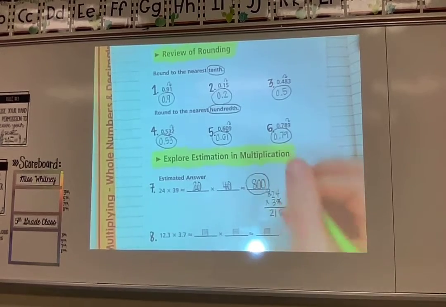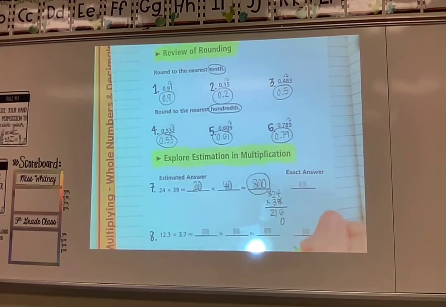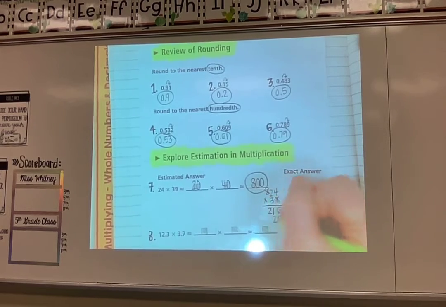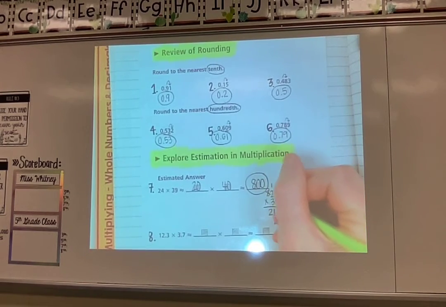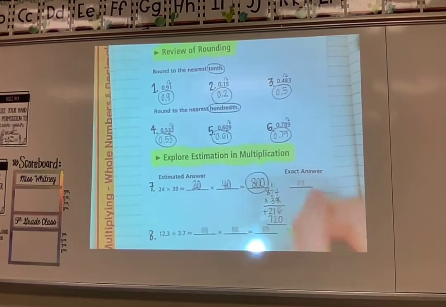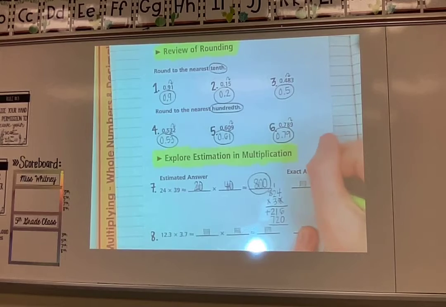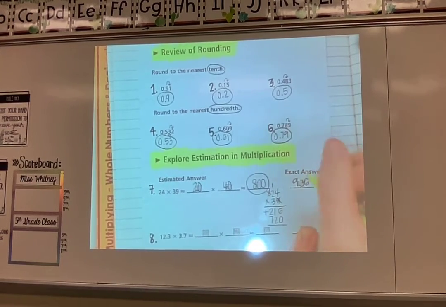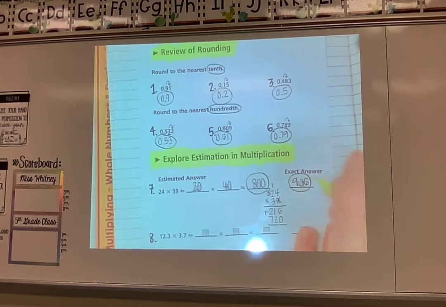When I make my X's, I have to make an O, and now I'm working with the 3. 3 times 4 is 12, so put my 2, carry my 1. 3 times 2 is 6, plus 1 more is 7. And then I'm going to add these up. I'm just going to write my answer up here because I'm almost out of room. 936.